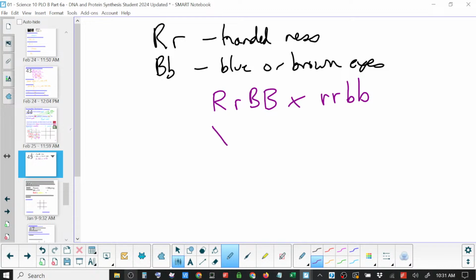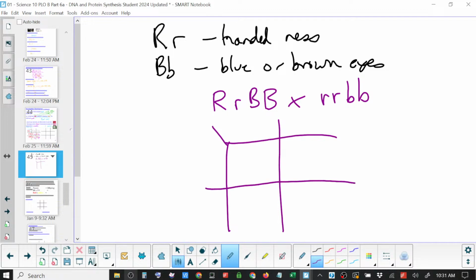So where we normally would do this, think about what gametes you'd have to put in each one to comparison. So you're going to need some more columns and then come up, what is the phenotype and the genotype?